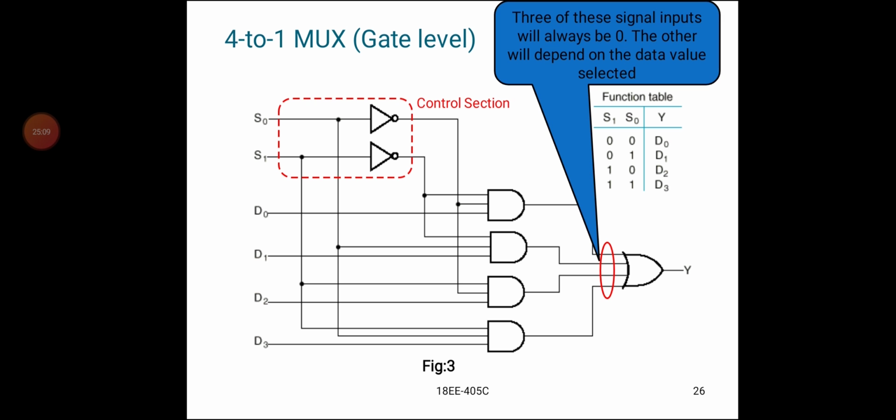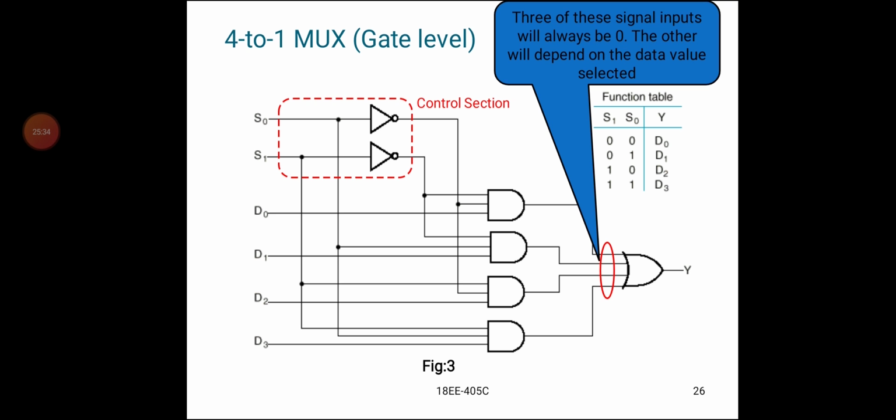If S0 and S1 are 1 1, D3 is connected to the output Y line. So S0 and S1 are the control or data selector section, and D0, D1, D2, D3 are input lines.